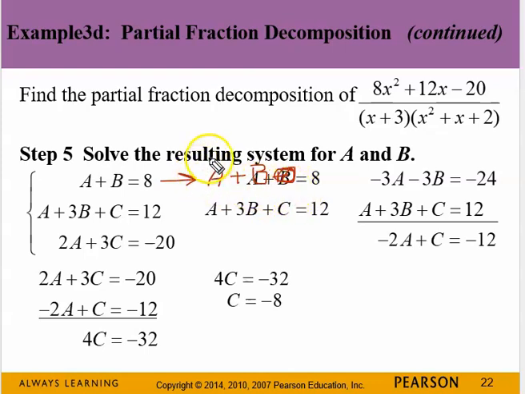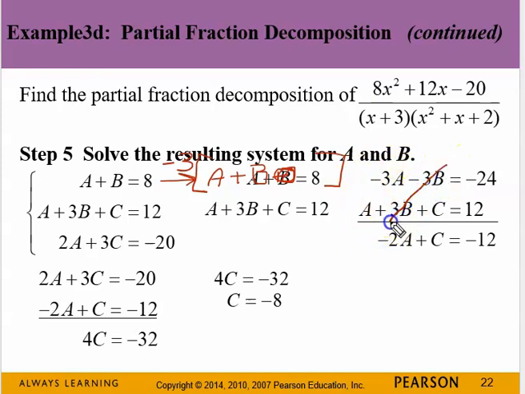So if I multiply everything in this equation by, let's say, a negative 3, I get a negative 3a, a negative 3b, which is what they have here, and the 0, nothing there, and then negative 3 times 8 is a negative 24.